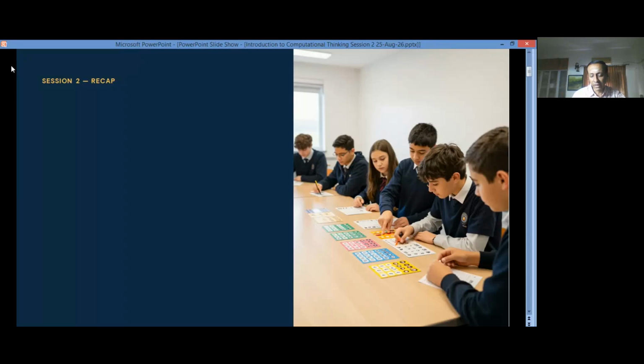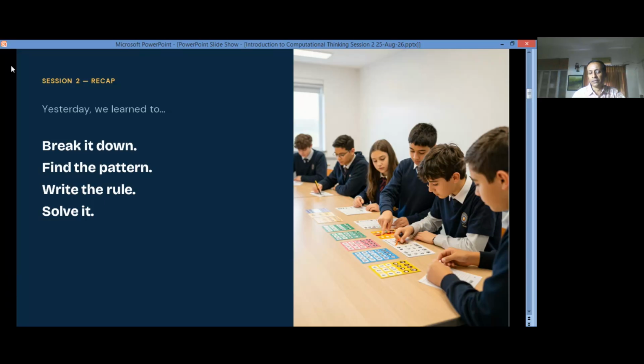So we did a quick recap just now. So what were the key things we learned yesterday? So we spoke about breaking down a problem into smaller components. That was the first thing we discussed. Once you break down the problem into smaller components, is there a way we can look for a pattern? How do you identify whether the smaller components are forming a pattern?